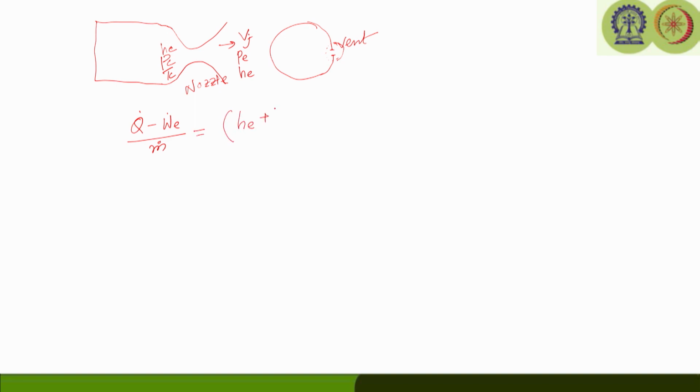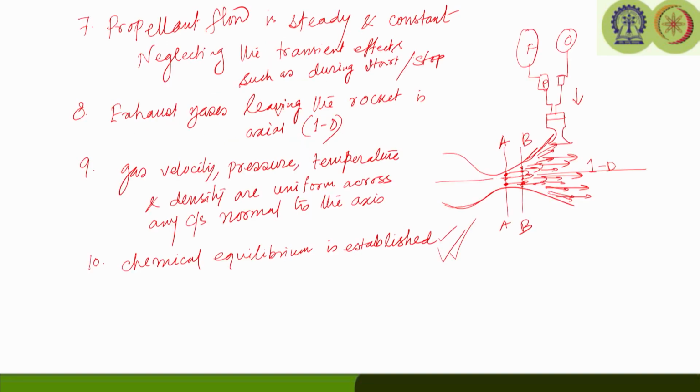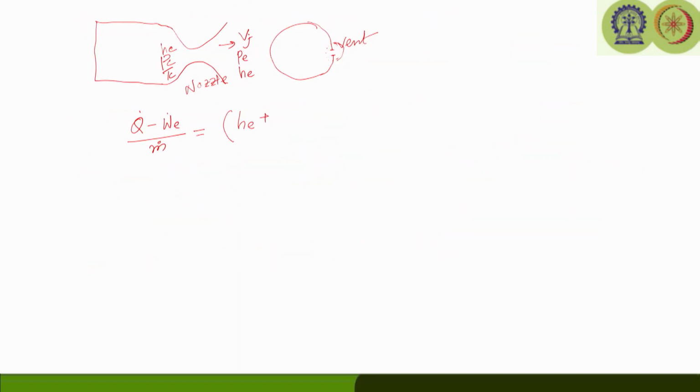HE plus Vj square by 2 plus some potential datum, if you consider the effect due to difference in height, ZE let us say, minus the inlet condition, which is Hc plus Vc square by 2 plus g ZC.